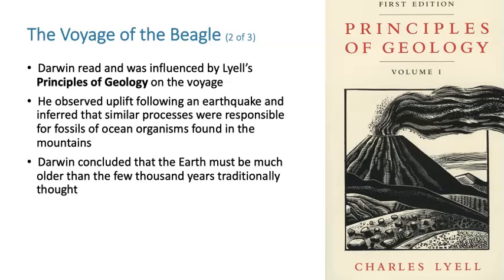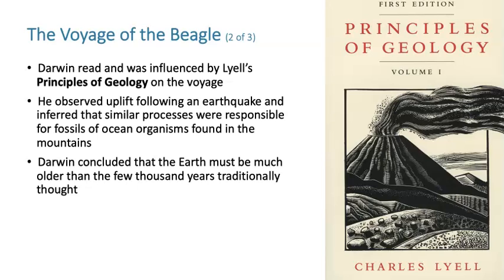Along with reading Charles Lyell's book, which I vaguely talked about earlier, remember Charles Lyell, the geologist? He actually brought this book with him on his travels, The Principles of Geology. And again, this idea of earthquakes and uplift, the idea that organisms that lived on the bottom of the ocean could be found at the top of a mountain was very interesting to Darwin.